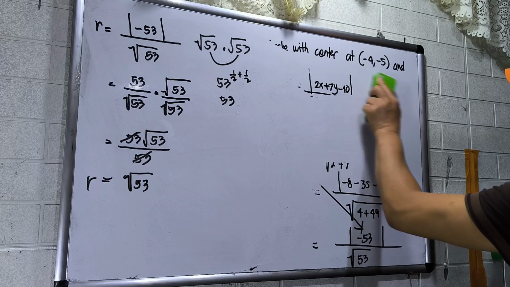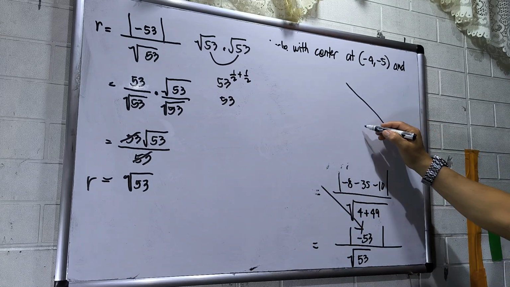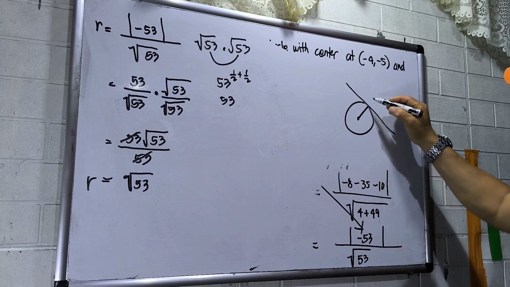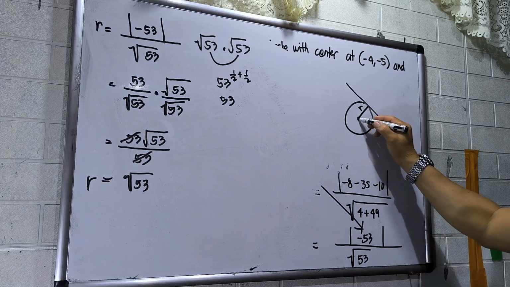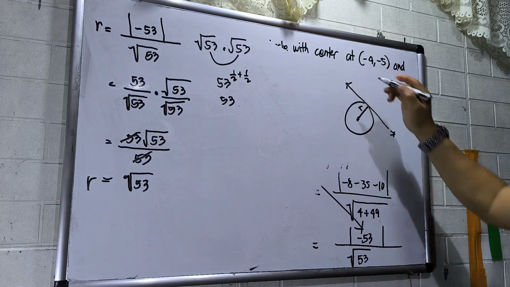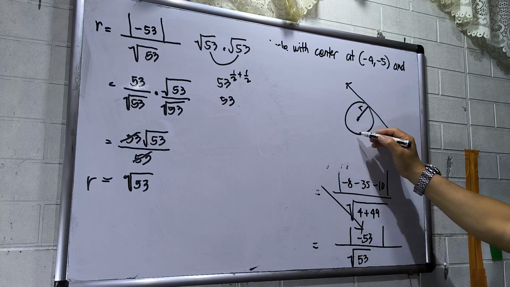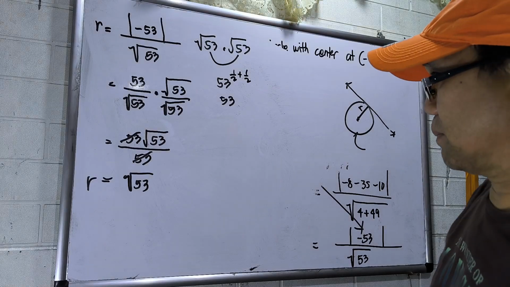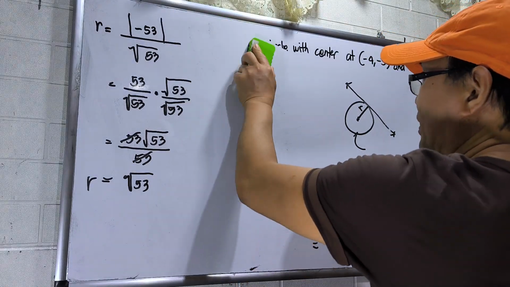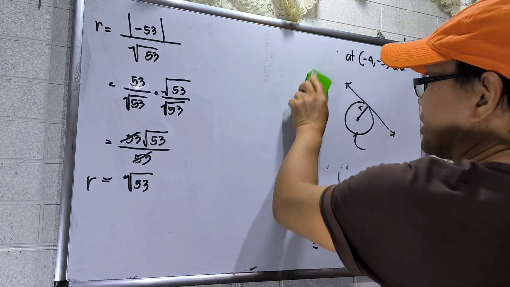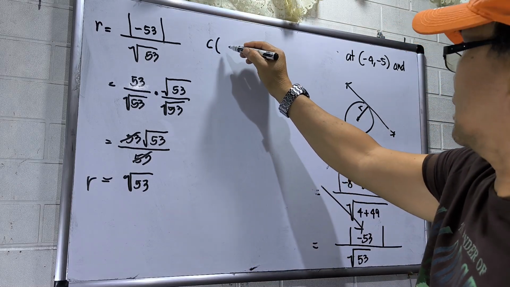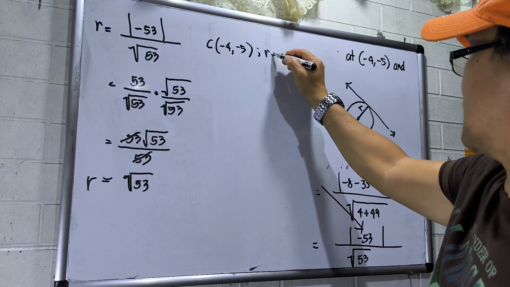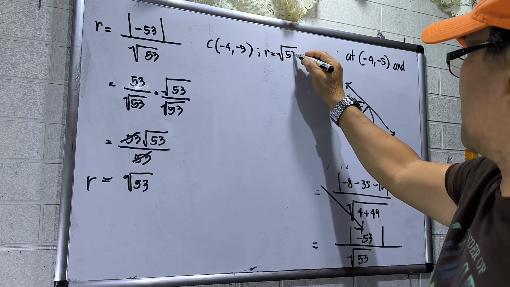So take note, there is a line here and the circle is tangent to it. The center is given and the radius was the unknown. The question is, what is the equation of this circle? The center is negative 4, negative 5, and the radius is the square root of 53.